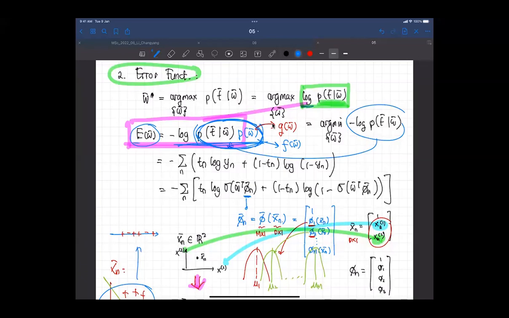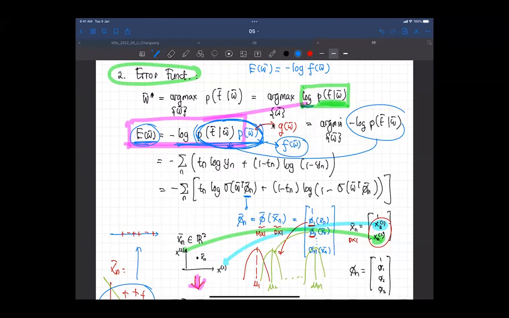Now, E is minus log of FW. Agree with this? So remember that E of W is minus log of FW, where FW is the multiplication of your likelihood and prior.